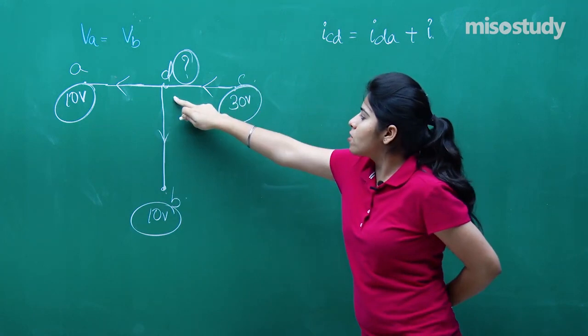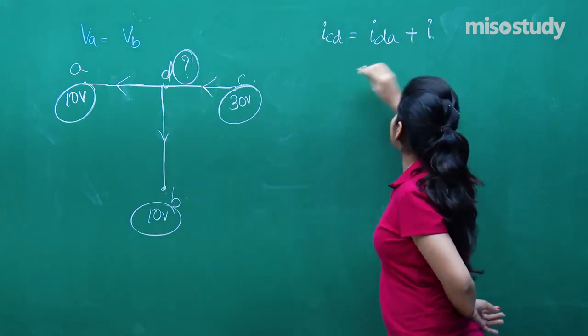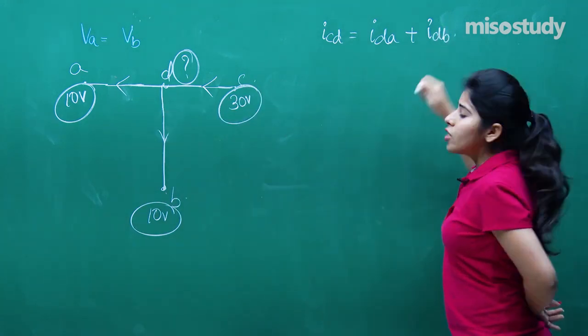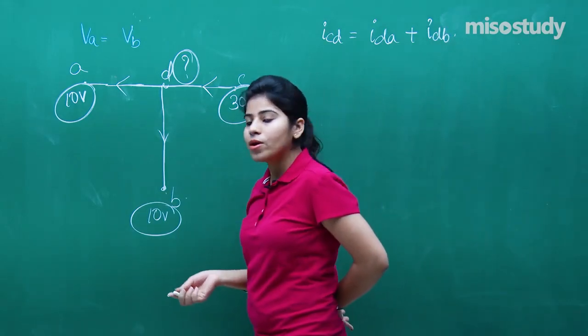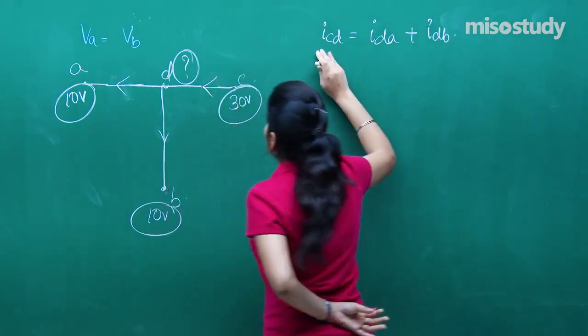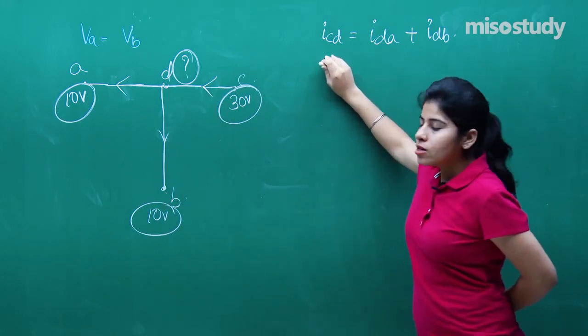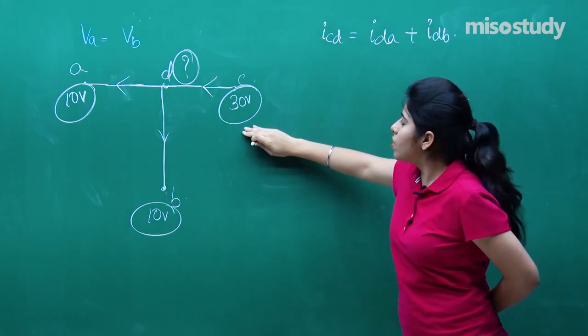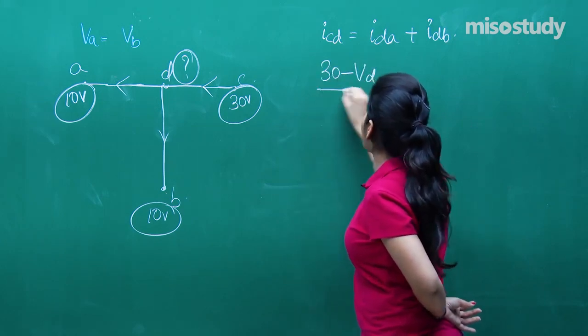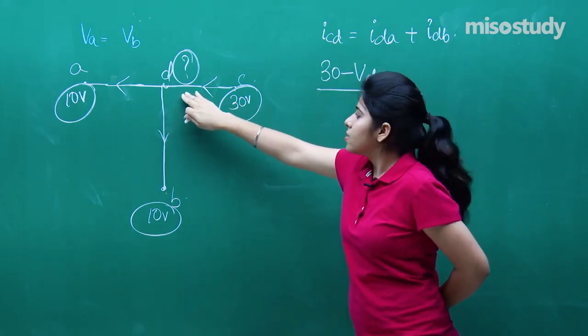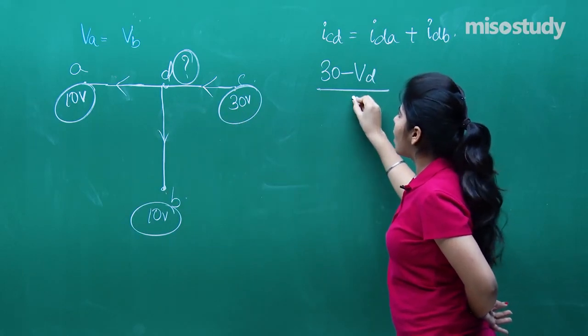So ICD equals IDB plus IDA. Now I equals V by R, so we can just apply the formula by Ohm's law. If I talk about ICD, here my potential will be 30 minus VD. Let us suppose this as VD. 30 minus VD upon R.